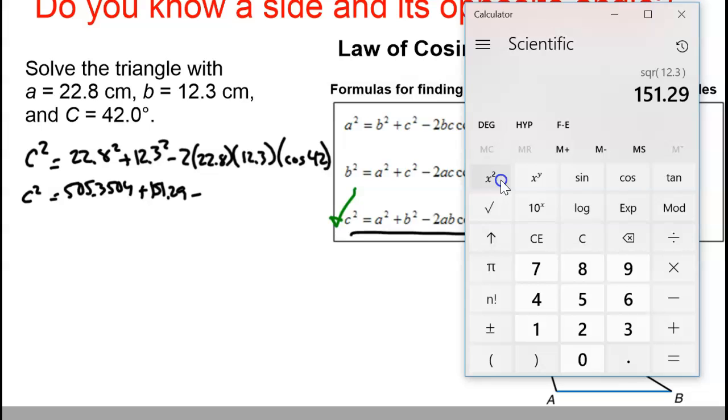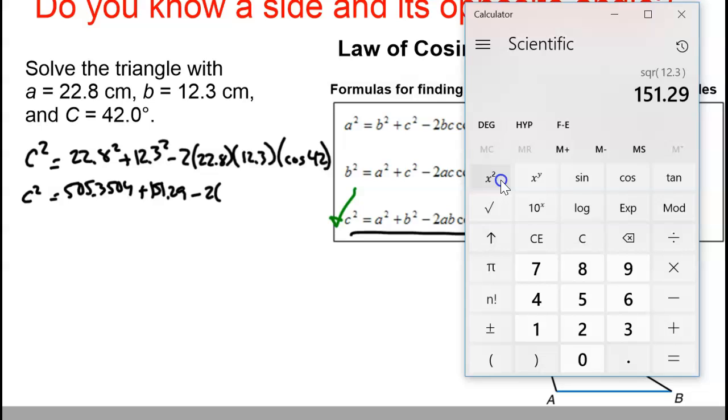One thing to caution you on is to be aware of your signs and make sure you're plugging things into your calculator correctly. Sometimes those transposition errors or calculator errors can be deadly and really affect what you are doing.